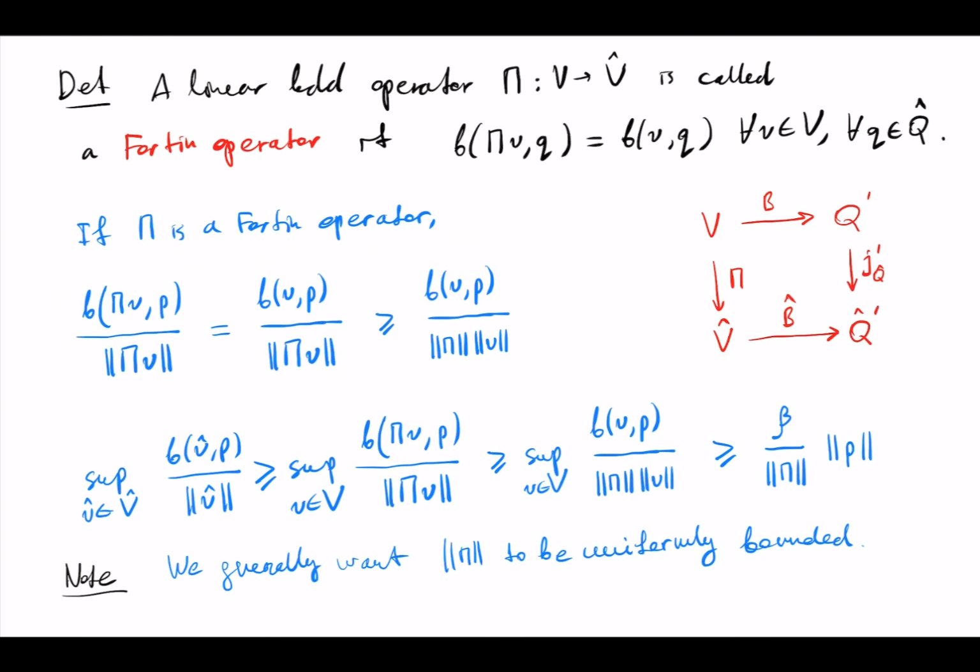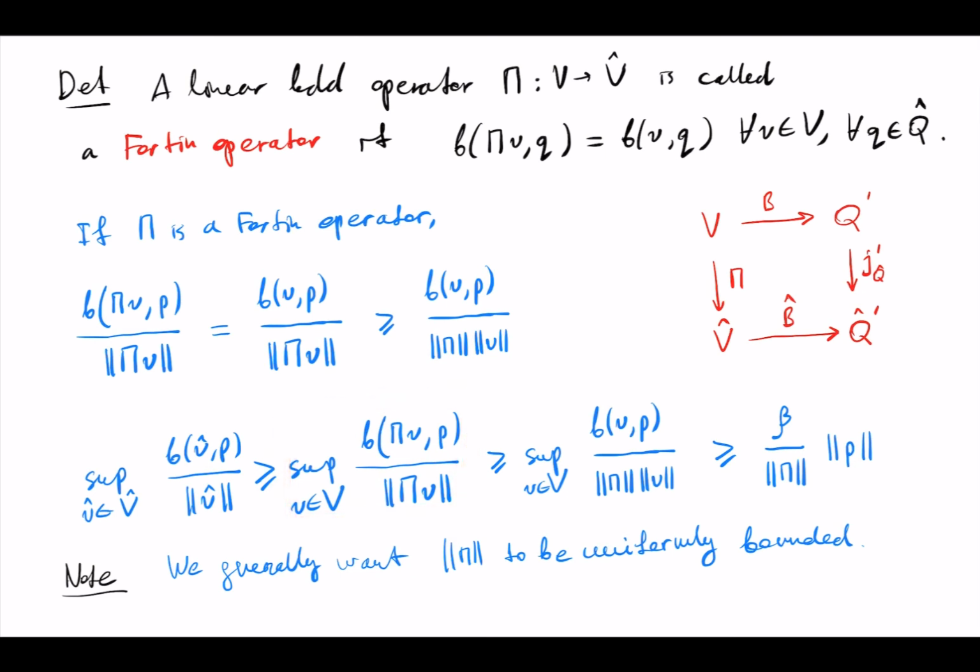Now let's look at what we need in the discrete inf-sup condition. We need to bound this from below, where the supremum is over V hat in the space V hat. Then we can replace V hat by the Fortin operator applied to V.